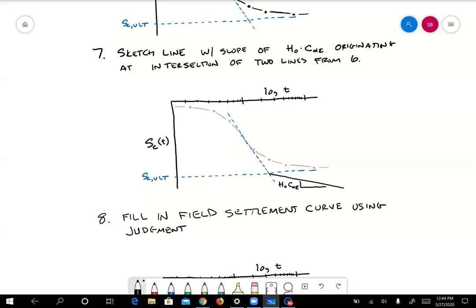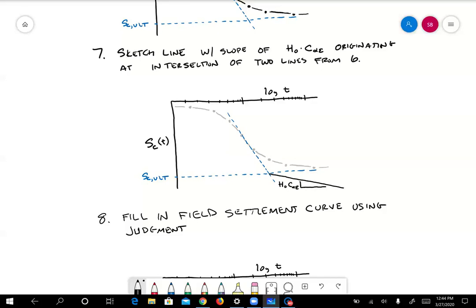If we're plotting vertical strain, you would just want C alpha epsilon because that's its definition. It's the slope of that line in strain versus log time space. If you were plotting void ratio, then you would put C alpha. We're not plotting either of those things. We're plotting settlement, and settlement is the integral of vertical strain over height. So H naught times C alpha epsilon is the settlement for this case, right?